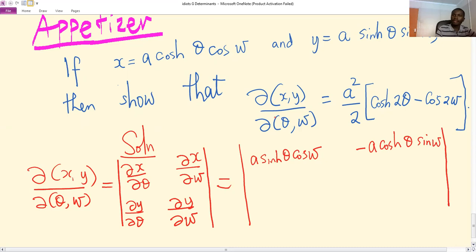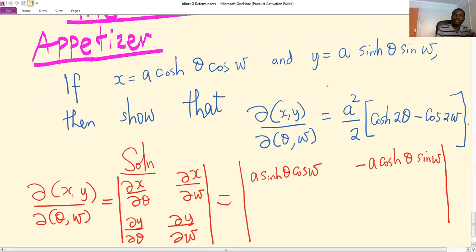Then you differentiate y with respect to theta: differentiating hyperbolic sine, you get hyperbolic cosine. So we'll have a hyperbolic cosine of theta sine omega. Differentiate sine function, you get cos function. So this will be a hyperbolic sine of theta cosine of omega.